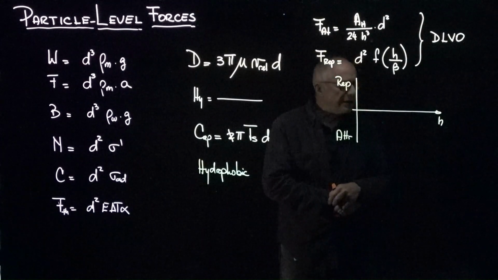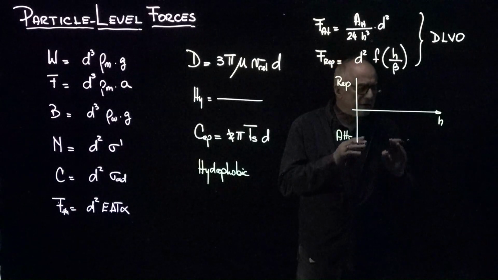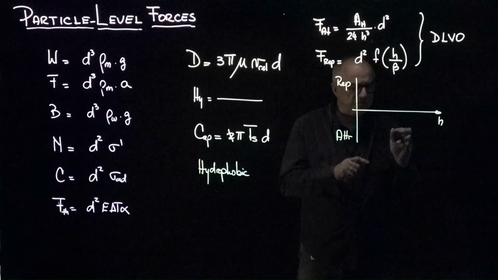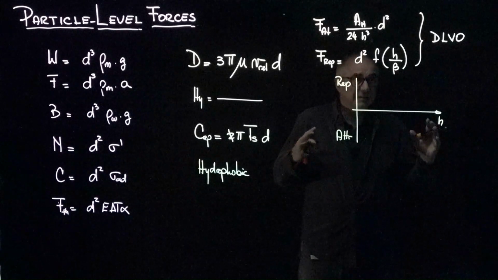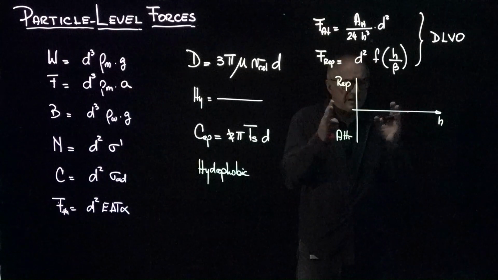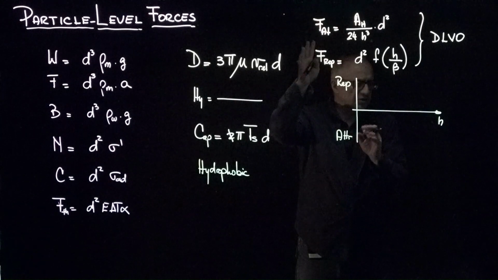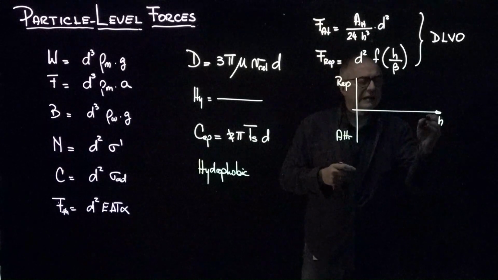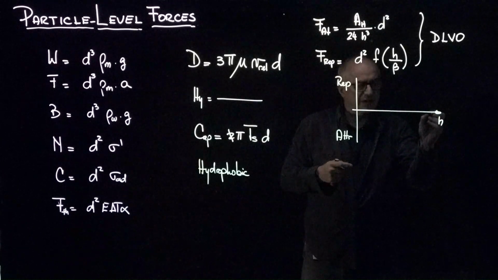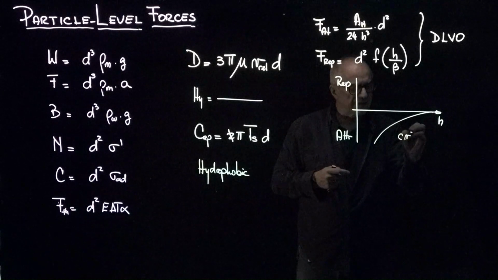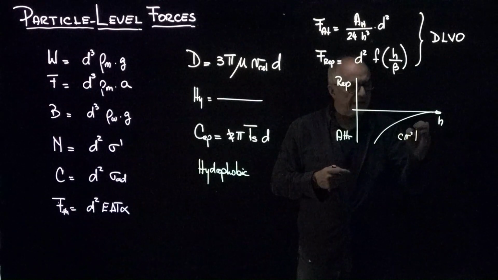If the ionic concentration and the valence, that means the ionic strength, is high, the thickness of the double layer is small, double layer repulsion vanishes and it is all controlled by the attraction force. So this is when the concentration times the valence square is high.